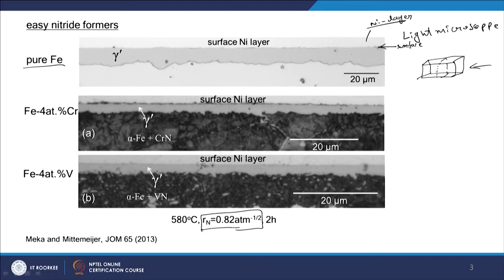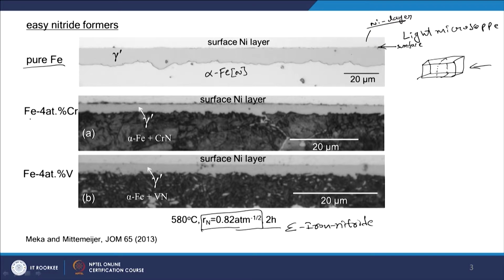That means at these conditions epsilon iron nitride cannot develop, which is why we have only gamma prime iron nitride. Below this iron nitride layer, we have alpha iron with dissolved nitrogen in it. You see that it grows like a layer: it starts nucleation at some isolated locations and they grow laterally and form a continuous layer.